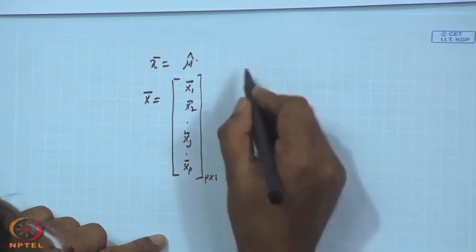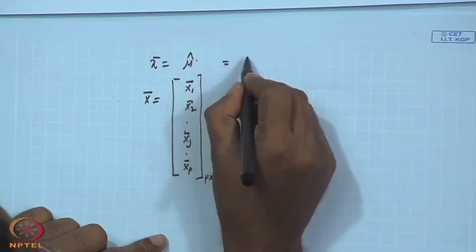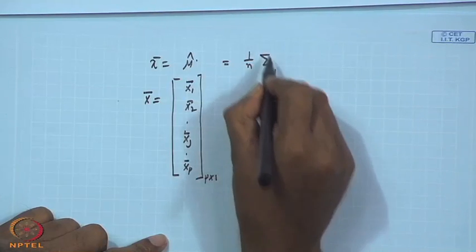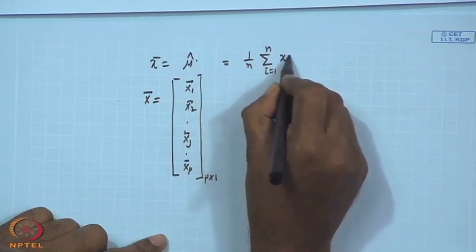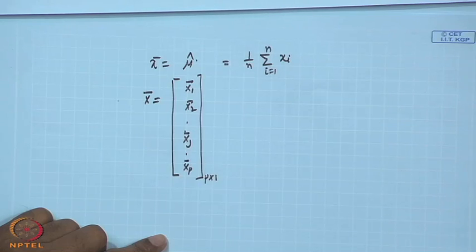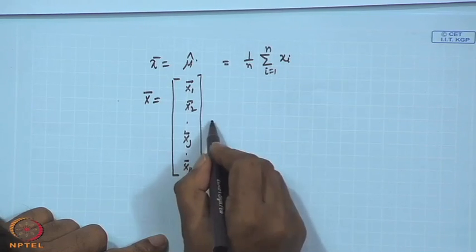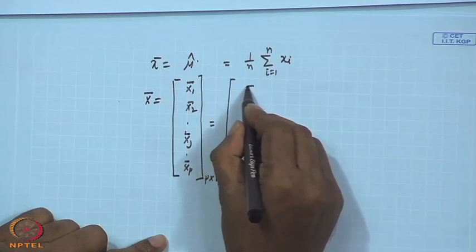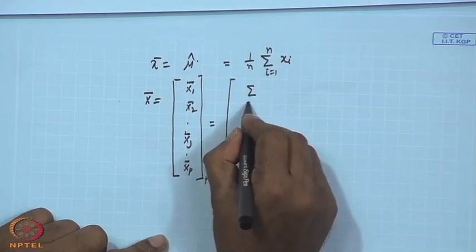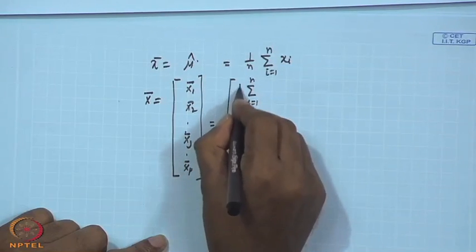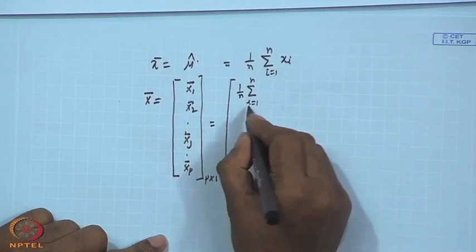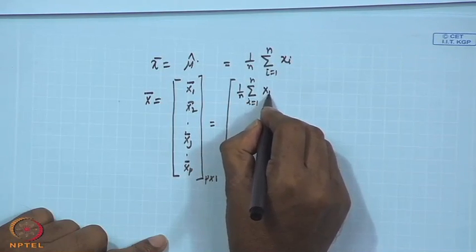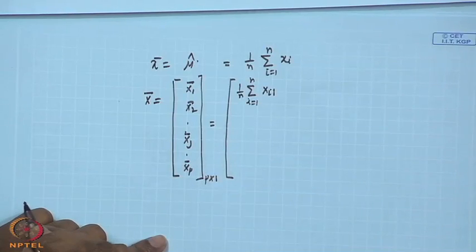Now, what is your x bar in the univariate case? You have written 1 by n sum total i equal to 1 to n x i. In the same manner, I can write this as 1 by n sum total i equal to 1 to n x i 1.